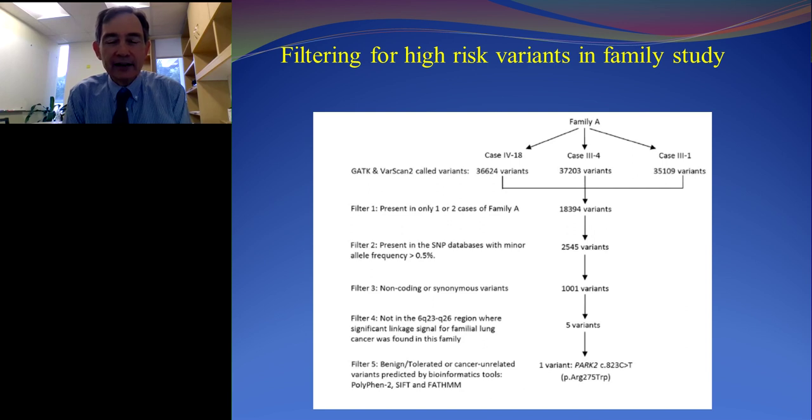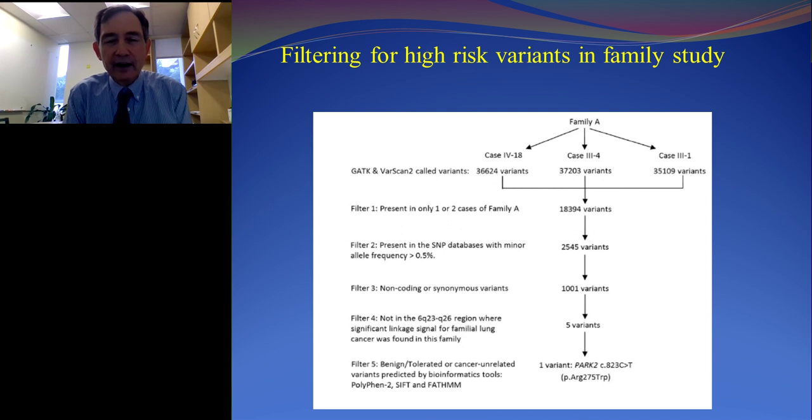But we did identify a variant that's associated with the increased risk in some families. The way we did that is we selected a family and evaluated the relatives in the family that had lung cancer, and we compared those cases to other individuals who didn't have lung cancer.